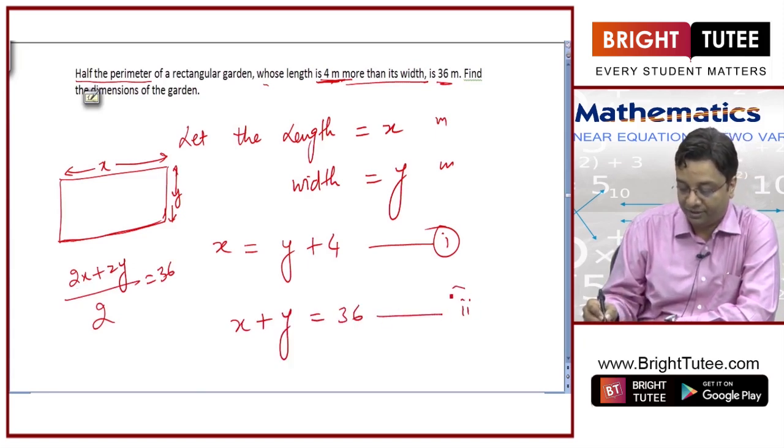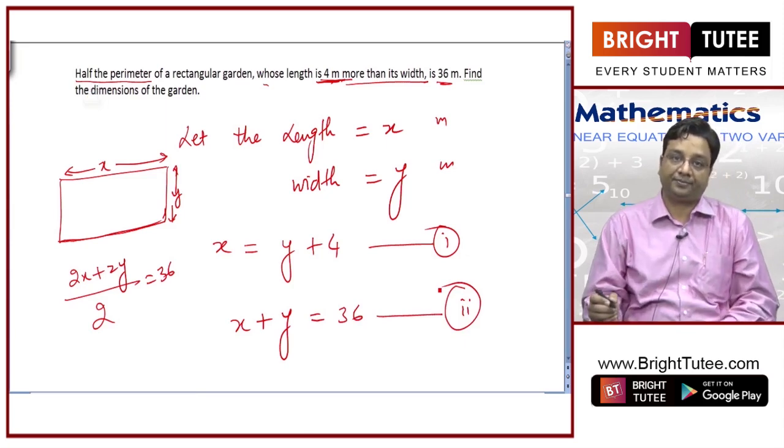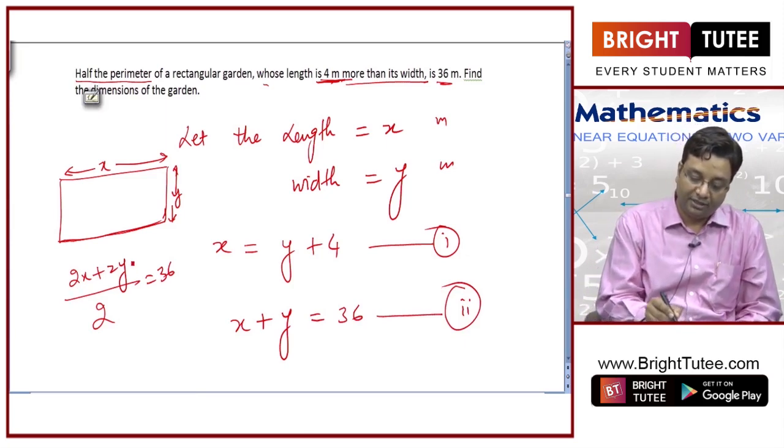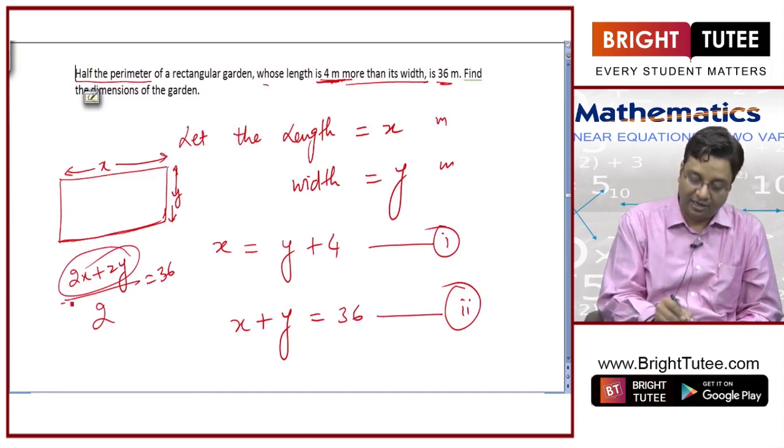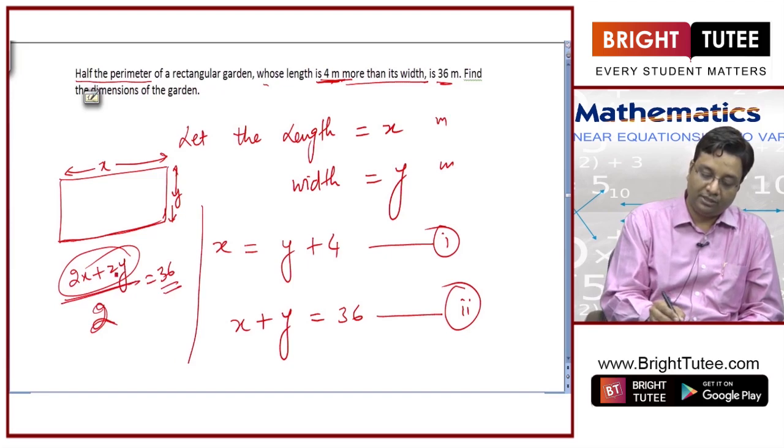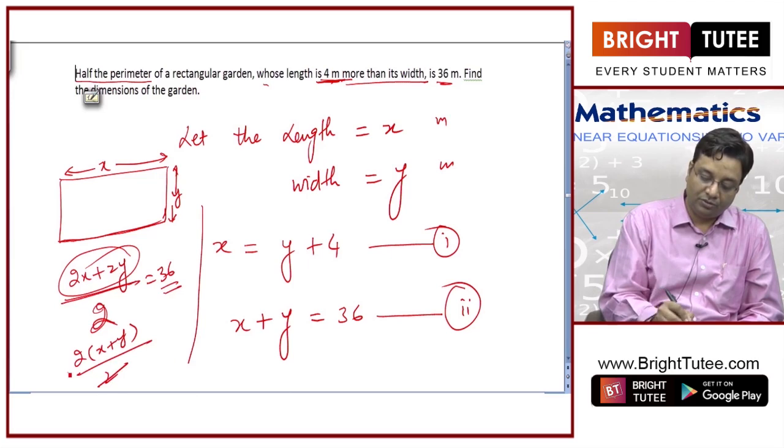So this is our second equation here, right? Because this is my perimeter and half the perimeter is equal to 36. So 2, if I take 2 common, 2 times x plus y divided by 2, this 2 will get cancelled.